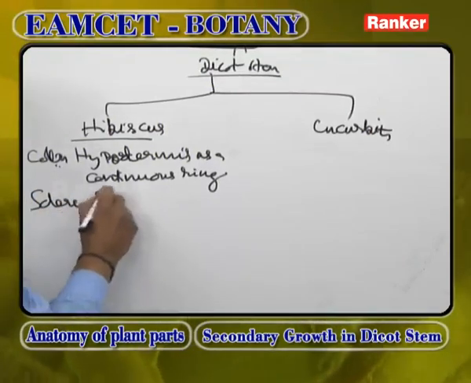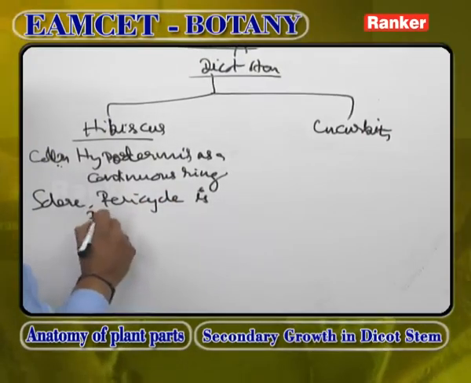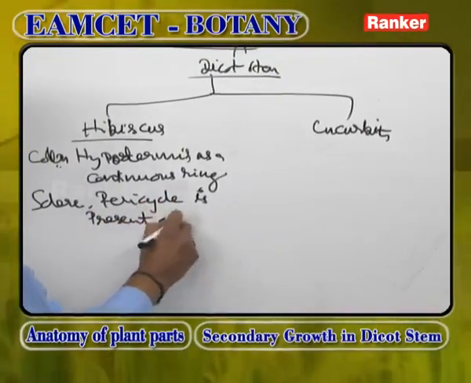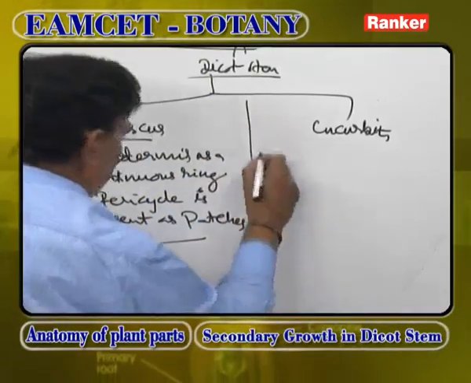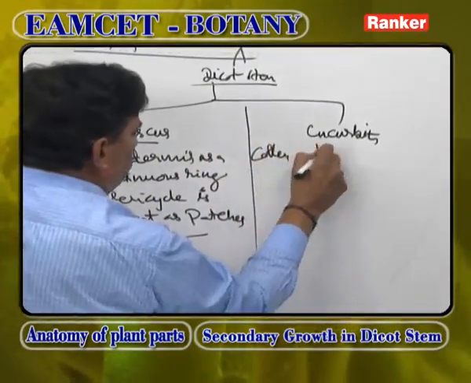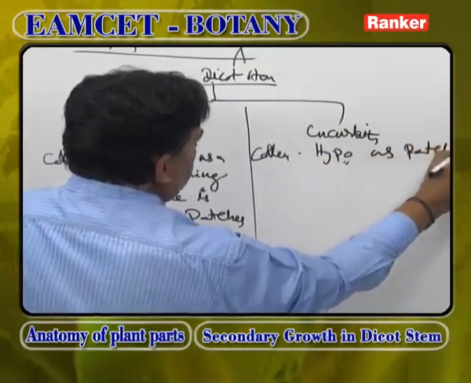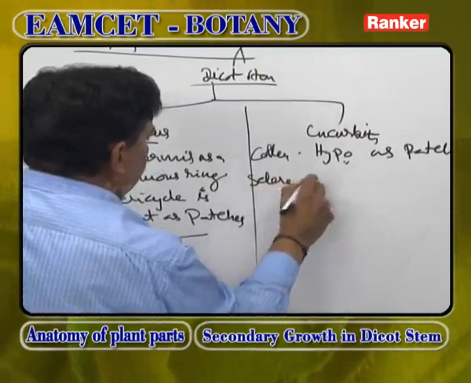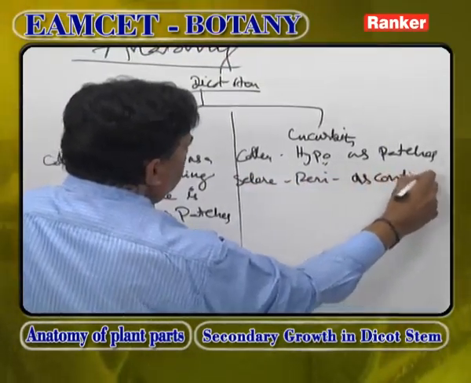The sclerenchymatous pericycle is present as patches. Exactly opposite in cucurbits: collenchymatous hypodermis is present as patches, and sclerenchymatous pericycle is present as a continuous ring.